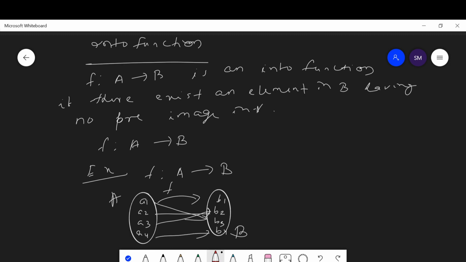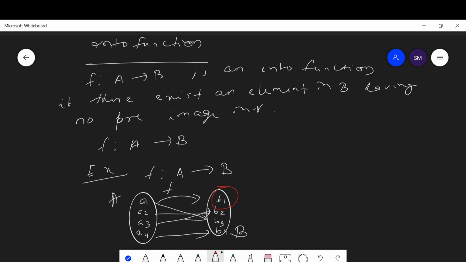Look, here B1 is left. B1 does not have any pre-image in set A.